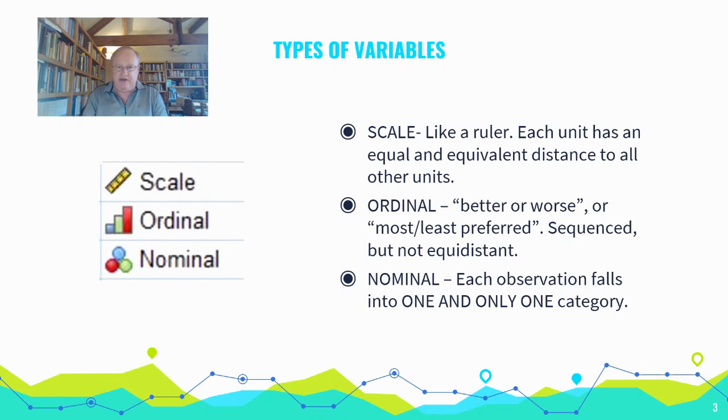For a nominal variable, each observation falls into one and only one category, which is why we have these separate circles. In the US, for example, they have two political parties, really.